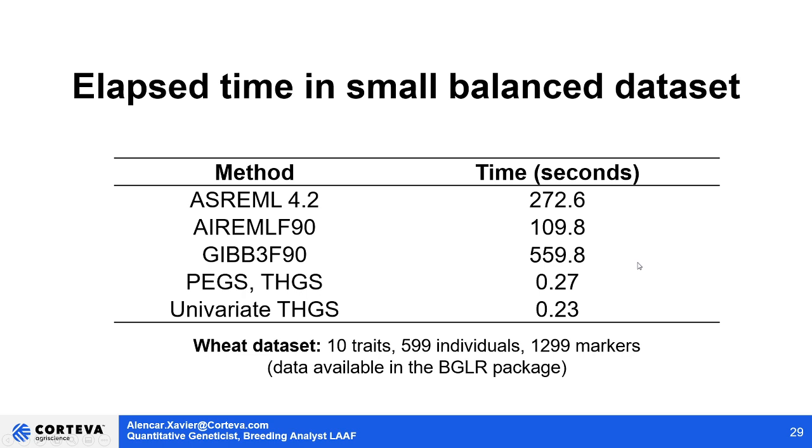The proposed methods that we discussed in this presentation took less than a second, so 0.27 for the multivariate case, and we also fit the univariate tilde hat Gauss-Seidel one trait at a time, and we added them up, and that added up to 0.23 seconds.